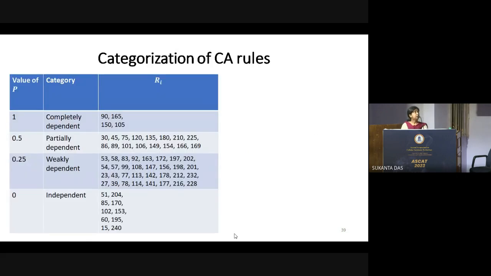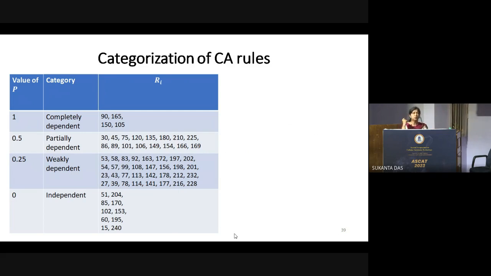For that, we take as input the reversible ECA, and the rule set is already available. So how do we generate the reversible n-cell non-uniform CA? Here we categorized the rules into 4 categories: completely dependent, partially dependent, weakly dependent, and independent.